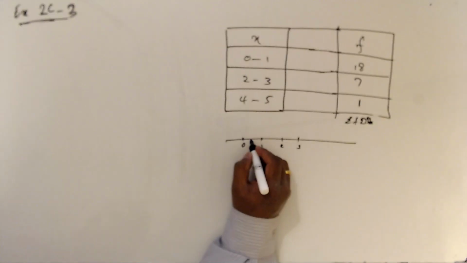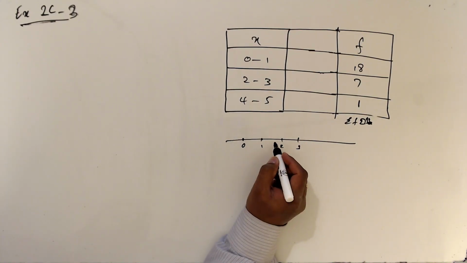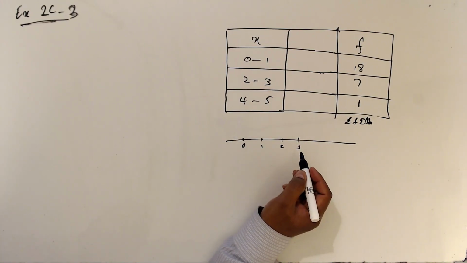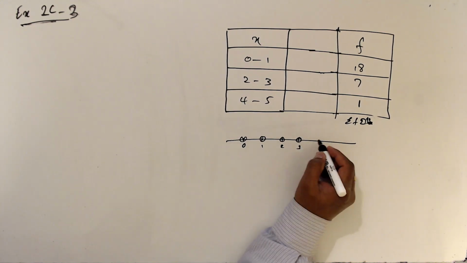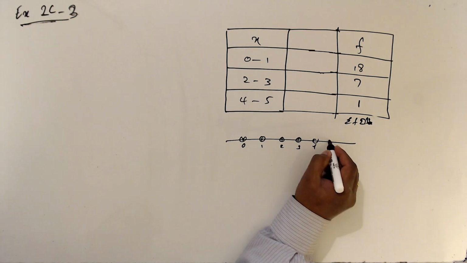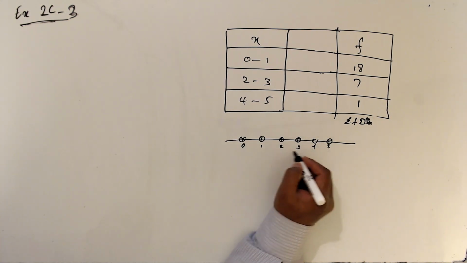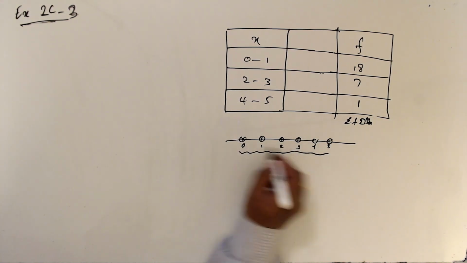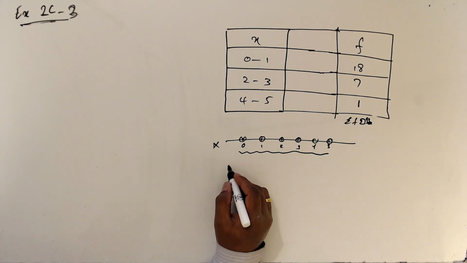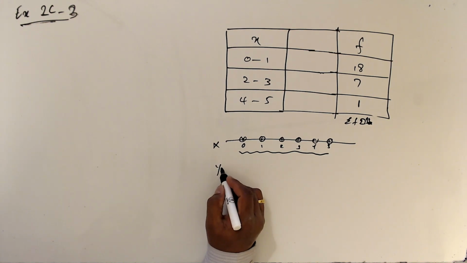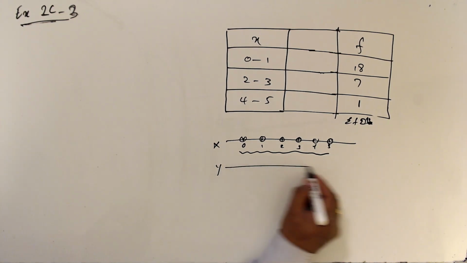There are no half breakdowns, like 2.5 breakdowns. So basically this is a discrete scale. The variable is on a discrete scale, but when we use interpolation, we have to bring it into a continuous scale.